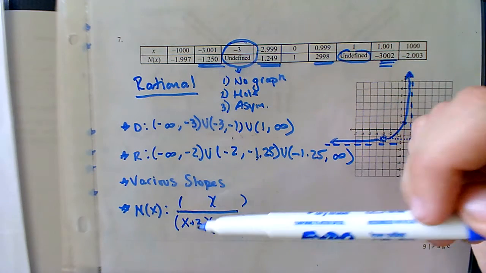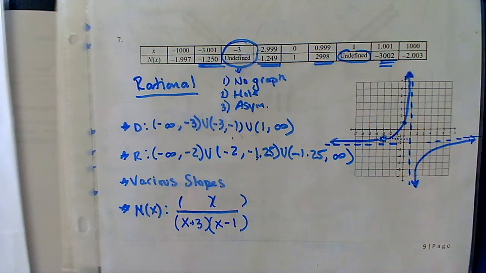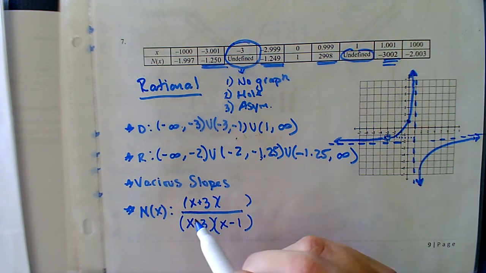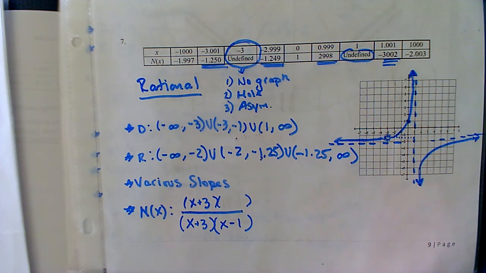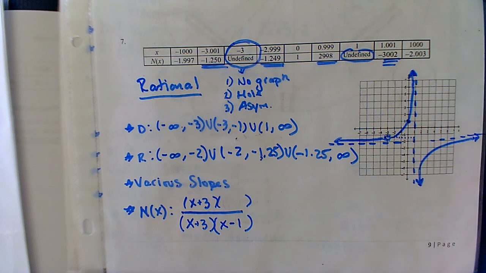If it cancels out. So if this x plus 3 came from that hole, we would need an x plus 3 up top, right, in order for those to cancel. So if you have a hole, the factor in the denominator must cancel with the same factor up top. So we know that there's an x plus 3 up top as well.